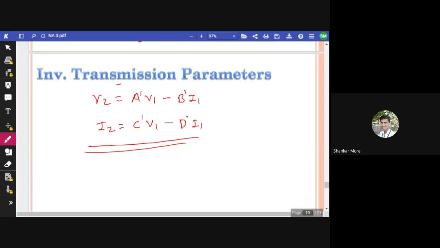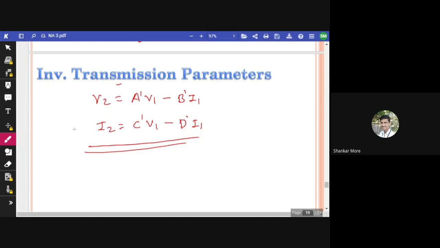In such cases you don't need to calculate each circuit separately. There are certain things that if you follow, you will get answers very quickly. We'll see how we put two port networks in series, in parallel, and how the parameters behave, what happens with z parameters and y parameters.